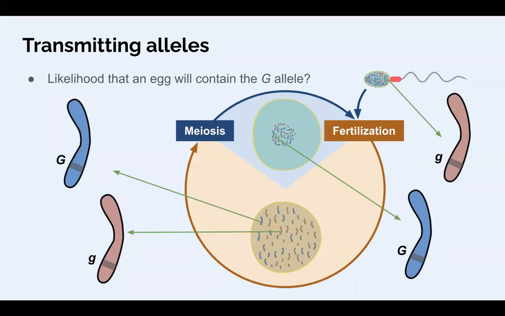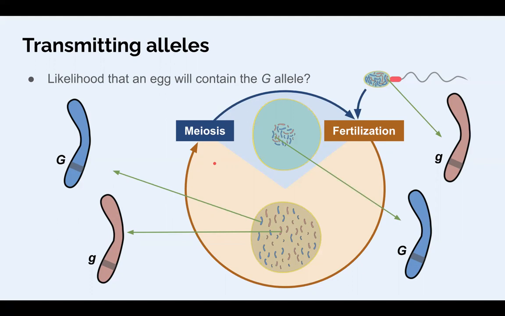Okay, so if we have these alleles present on chromosomes, then we can track a specific allele set, look at one gene and its alleles, and follow that through the life cycle. So let's say somebody has two versions of the G gene, a big G and a little g. Say they got big G from mom and little g from dad. When they go on to produce their own egg cell here during the process of meiosis, then they'll pass on one or the other of those.